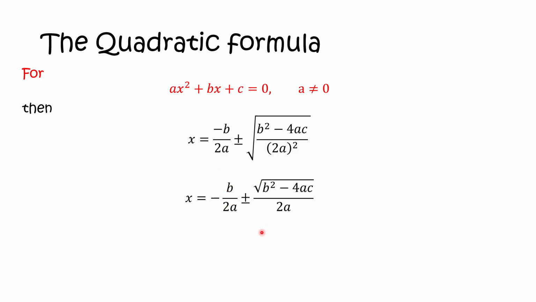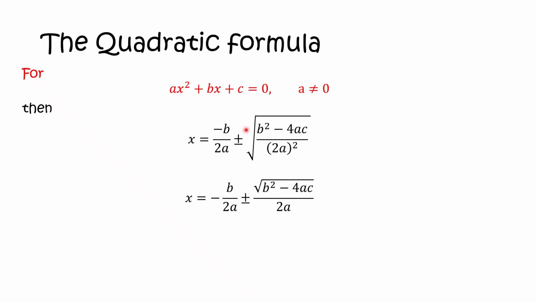Then we are going to have x being equal to minus b over 2a plus or minus the square root of that. And of course, simplifying further, because the denominator is being squared and it was square rooted, we are going to have 2a.